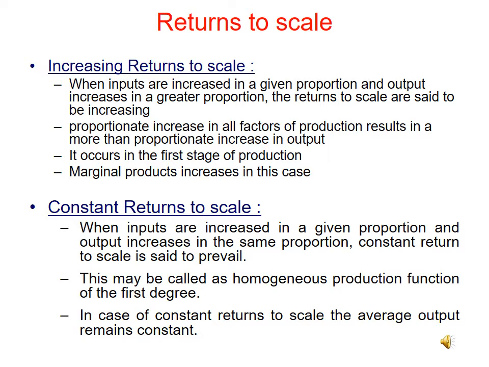For example, if all the inputs are changed by 2 units, the output may change by 4 units. That means the proportionate increase in input is less than the proportionate increase in output. In the case of any company or firm, this is a beneficial situation.